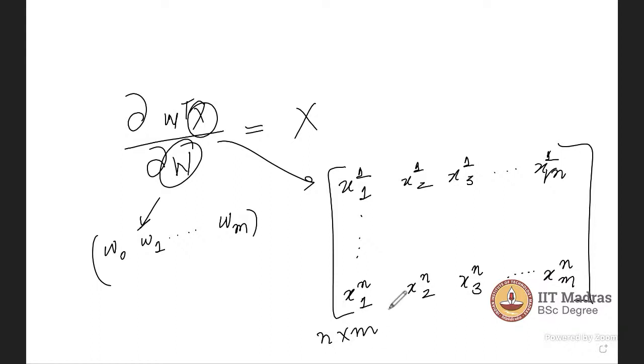The first thing that comes to mind is how we can actually differentiate a vector with respect to another vector. Let me do it this way. Let me clear all of this. Let's say I have a function f of w0, w1, w2 up to wm.